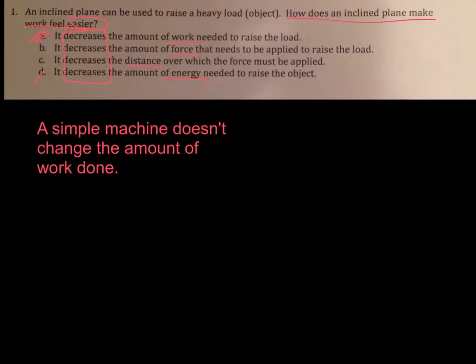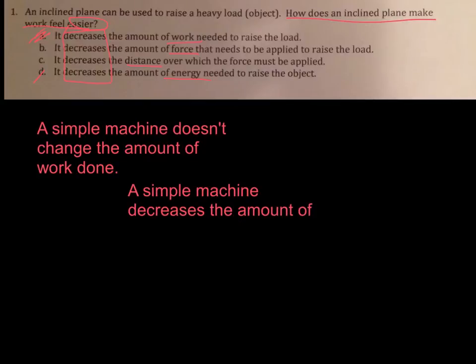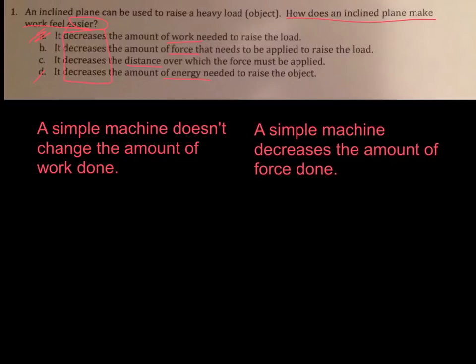Please go ahead and now write this down: a simple machine decreases the amount of force done. That's what we do know about a simple machine. Pause the video to write this down, and once you're done, continue playing the video.